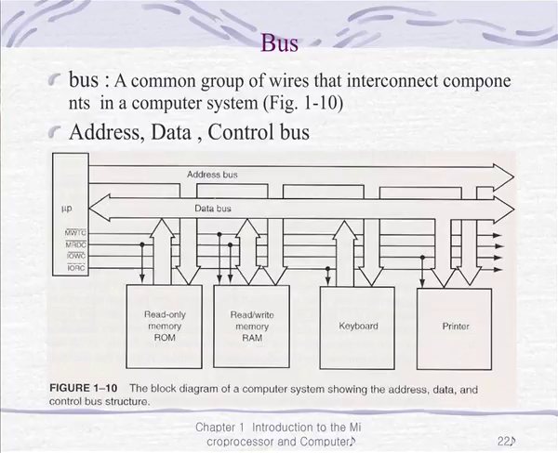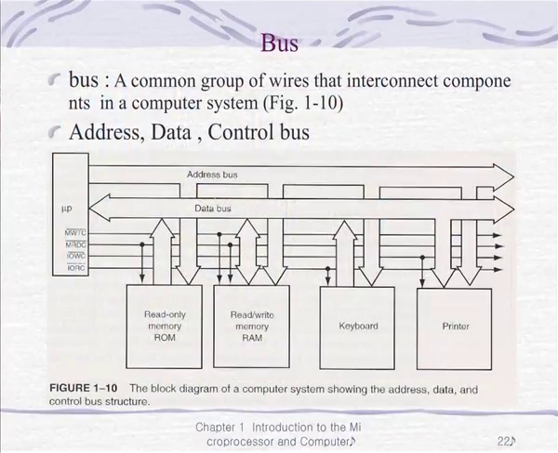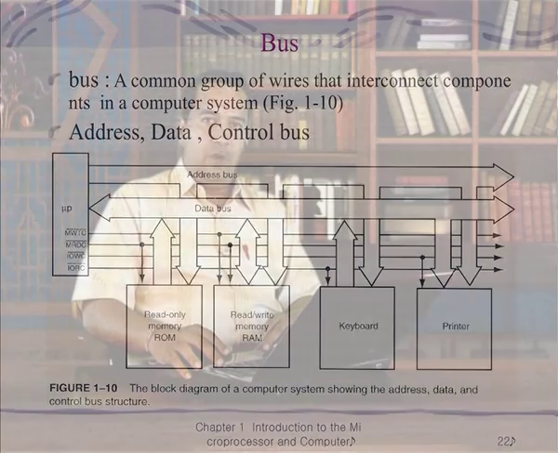The block diagram shows the address bus, the data bus and the control bus. The address bus is unidirectional; it identifies the memory or IO with which the processor wants to communicate. The data bus is responsible for data transmission between the processor and the memory or between the processor and the IO. Obviously the data bus is bidirectional in nature.